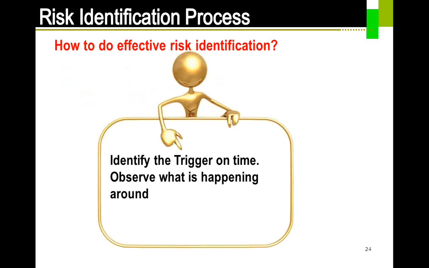Let's look at one more tip for effective risk identification. It is important that you identify the trigger on time. What I mean by this is, suppose you're executing a project for a period of 6 to 12 months, say a 52-week project, and it all went very well till the 16th week. Suddenly in the 16th week there is a schedule slippage.